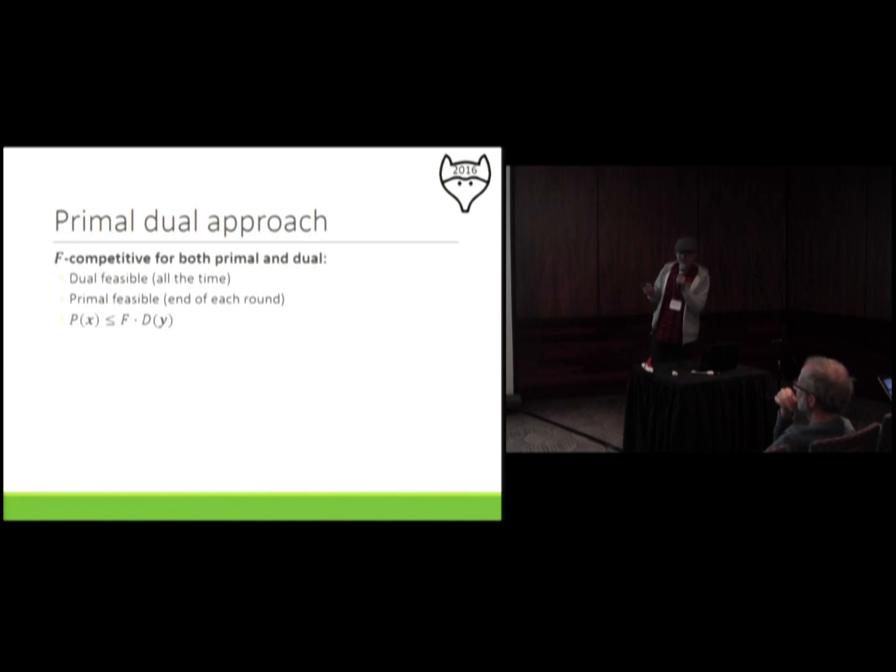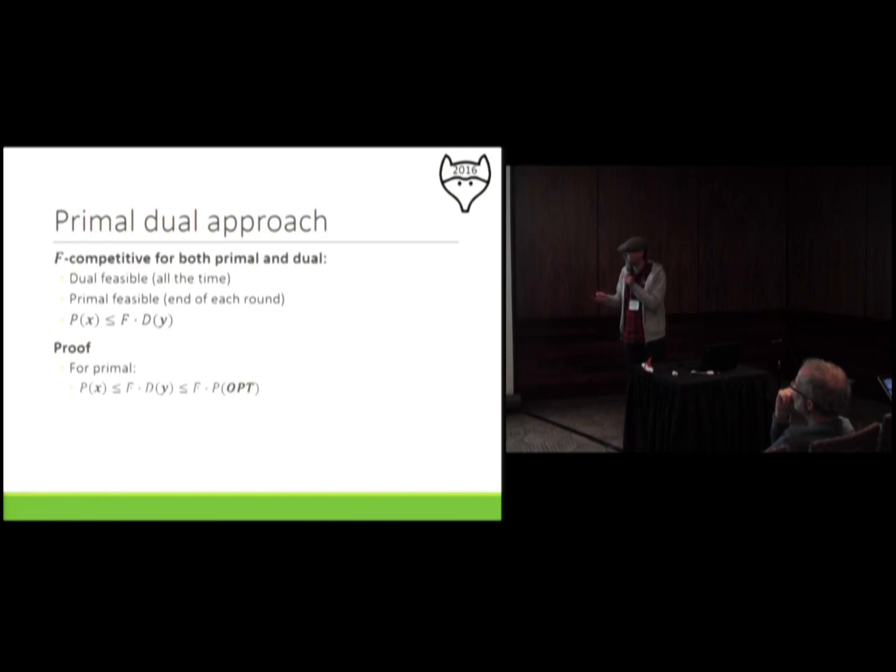For the primal dual approach, we can get an F competitive ratio for both primal and dual problems if both primal and dual are feasible and primal is bounded by F times the dual.